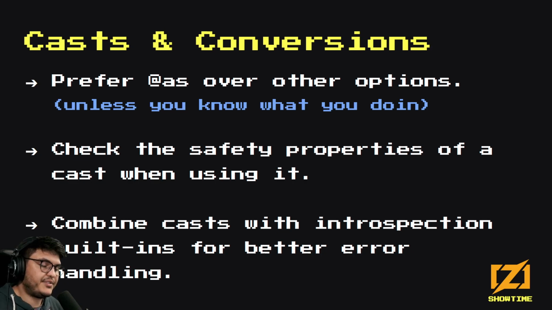But if you first inspect the alignment of something using align of and then reason about it, then maybe you can find alternative solutions in your code if it's something that makes sense in your application. It's not always possible. Alignment especially can be annoying, but you can work around some of these things, for example, by padding stuff yourself. Again, this is advanced stuff. If you're doing this stuff, you know what you're doing. But again, keep in mind that they work well together.